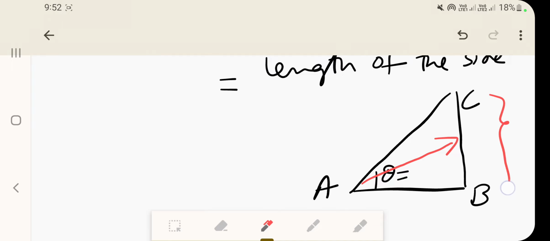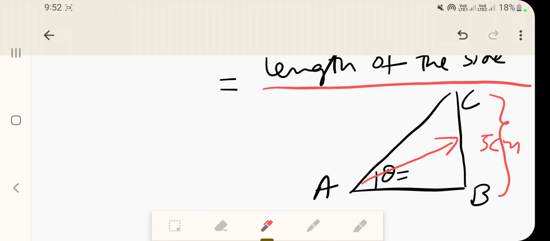So the length of this BC can be some value, 5 centimeters, 4 centimeters, whatever it is. So the length of the opposite side to the angle A divided by the length of the hypotenuse. What is the hypotenuse here?